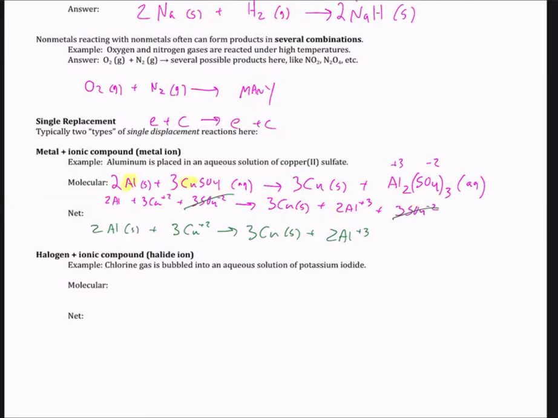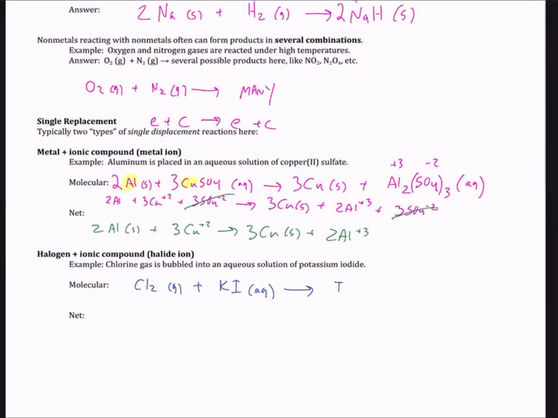So, chlorine gas, Cl2, is bubbled into an aqueous solution of potassium iodide. Your nonmetal goes in, your nonmetal comes out, so what is coming out? Yes, iodine.